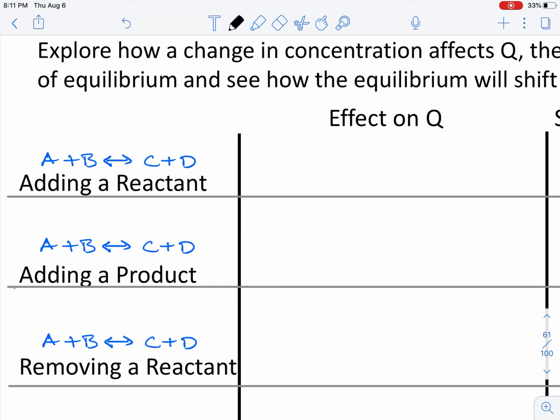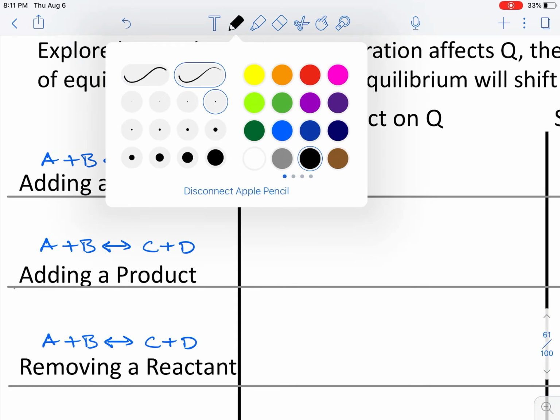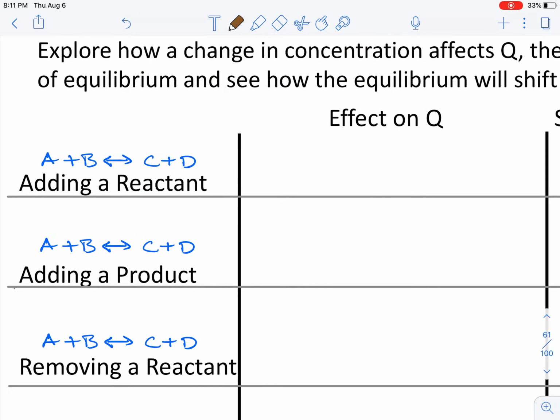And so let's take a look at this general chemical equation, and we're going to apply some stress. In this scenario, we're going to add reactant. So we're going to increase the concentration of the reactant. That's going to be the stress.